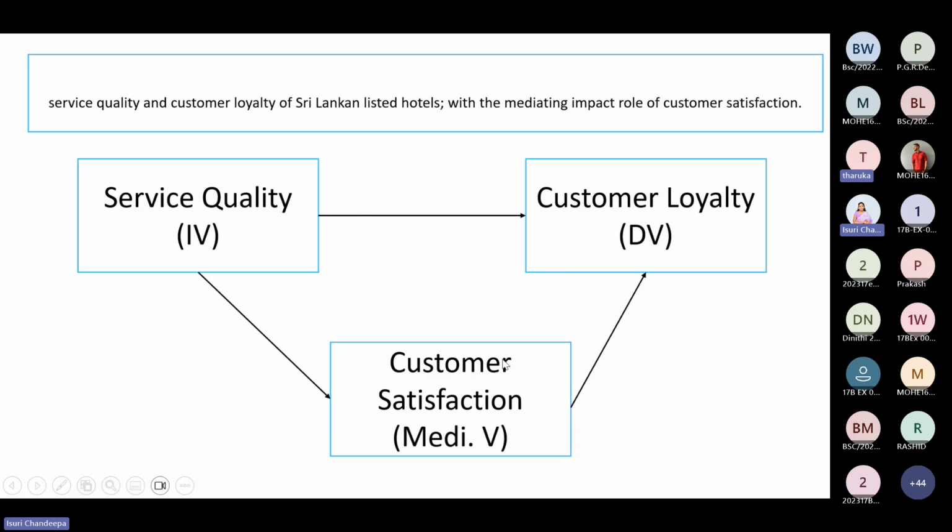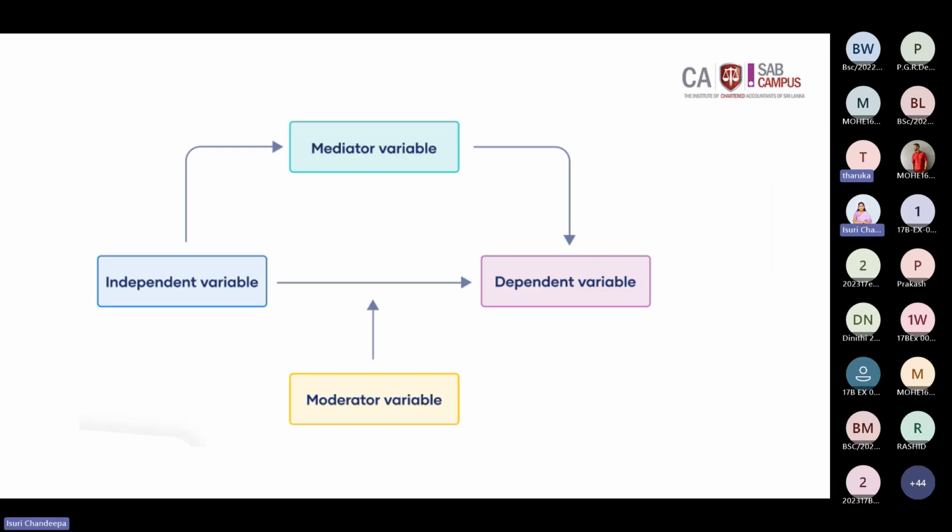Now, while we are checking this direct relationship, we are going to test the mediator impact also, that is, whether the indirect impact is created by customer satisfaction, which is questioned through the second question. Okay, so this is a conceptual framework where you can include the mediator, moderator, and dependent variable.